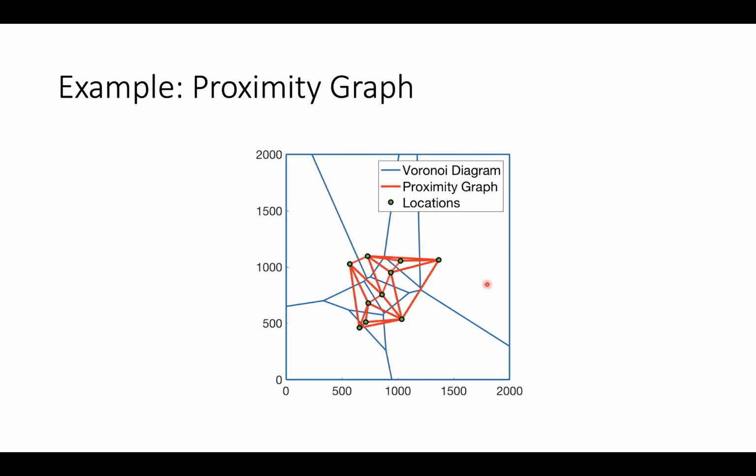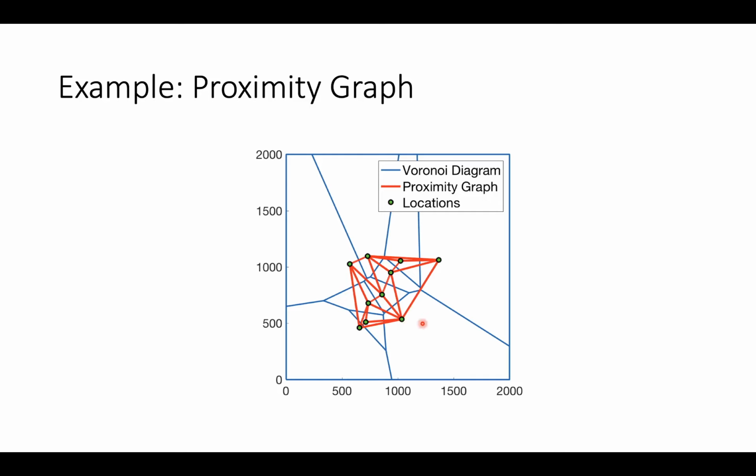Another example is the proximity graph, and this is the dual graph of the Voronoi diagram. The Voronoi diagram is a partition of the plane into a number of regions, and you have one region per location. In particular, it assigns each point of the plane to the region corresponding to the closest location.